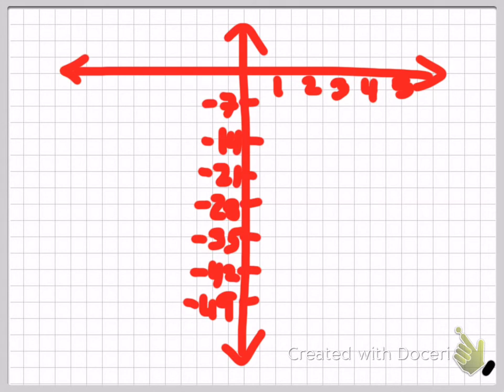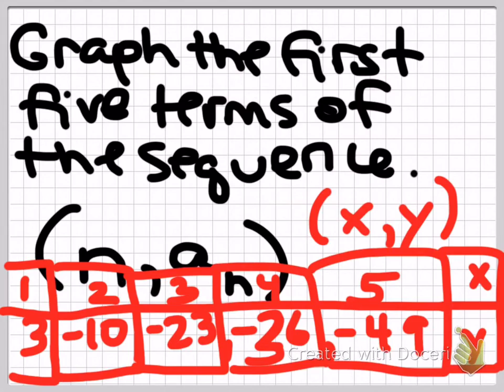Now we just need to plot our points. I'm going to use a smaller pen here, but our first point, if we go back, is 1, 3.